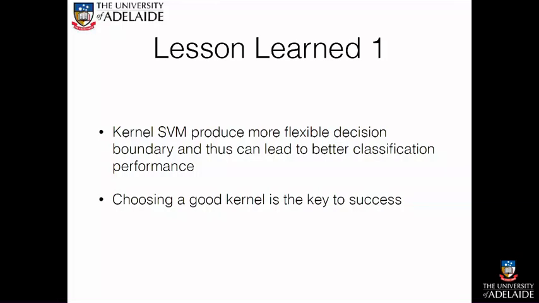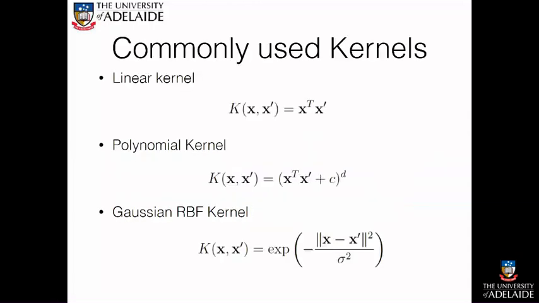But in that case, you do need to pay attention to the hyperparameter sigma, which is the bandwidth of the RBF kernel. Typically, you can just use cross-validation to select a good one. If you use a linear kernel, this is just linear SVM, and you can also use the polynomial kernel and the RBF kernel.